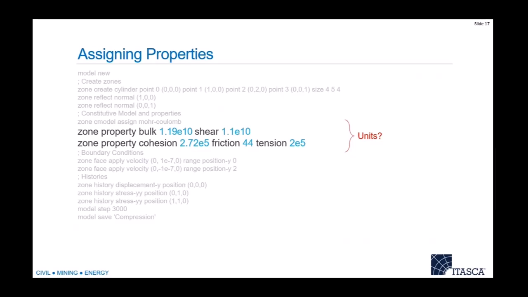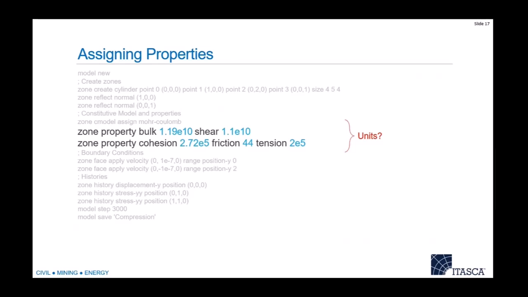One of the weird things about Itasca programs is that there are no units, or at least you don't specify the units when you start. So if you've used RocScience, when you start a new project, you say, oh, I want to use kilopascals, or I want to use pounds per square foot, or whatever. Probably Plaxis does the same thing. I haven't used it. In the Itasca world, you don't specify the units.